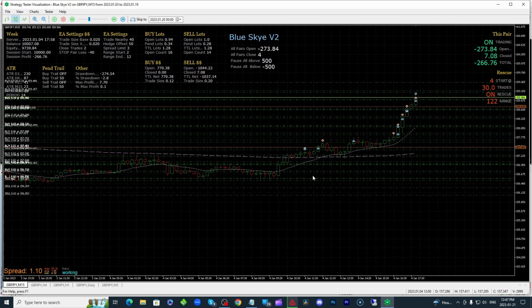The other thing that I think is a little more sophisticated, and I think I like it better, is, as you can see, our rescue plan kicks into place. I've explained it previously, but what the rescue plan does is it accelerates the trades that are going on. So if we're trading 0.02, when it's in rescue mode the following trade that we place will be 0.04, and the following trade after that will be 0.06.